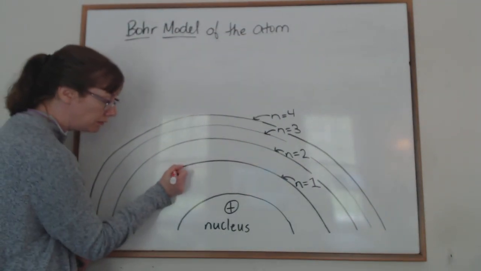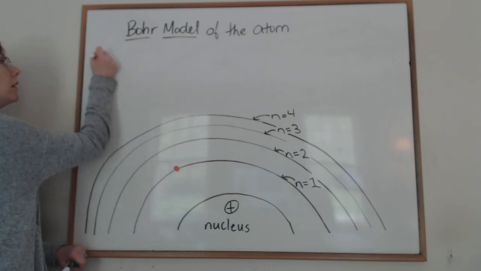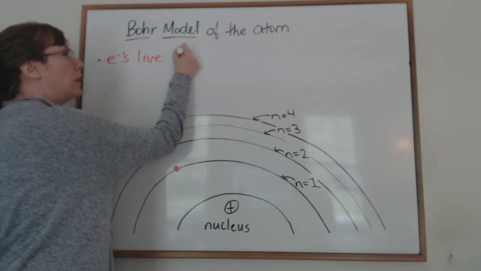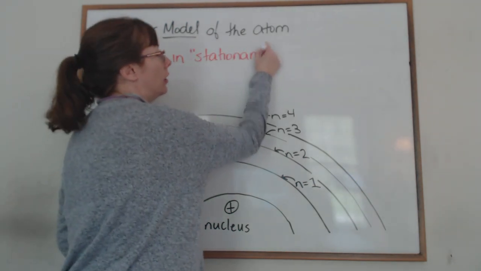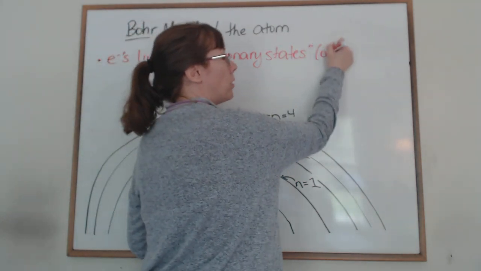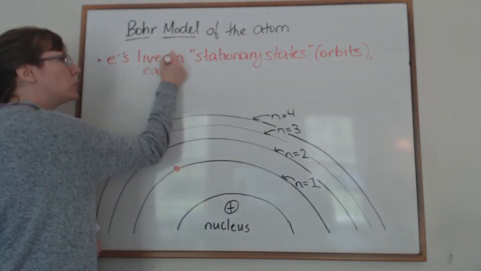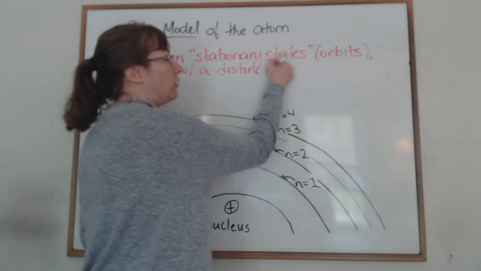In the Bohr model, let me go ahead and draw an electron here. This is an electron. In the Bohr model, electrons live in what we call stationary states, which are these kind of orbits that I'm drawing, each with a distinct n value.